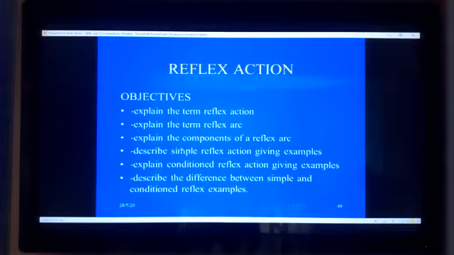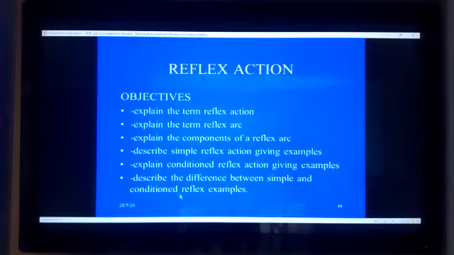Objective number four, you will be expected to describe simple reflex action, giving appropriate examples. Then number five, explain conditioned reflex action, giving examples as well. And lastly, you will be expected to describe the differences between the two types of reflex actions, that is, simple and conditioned reflex actions.